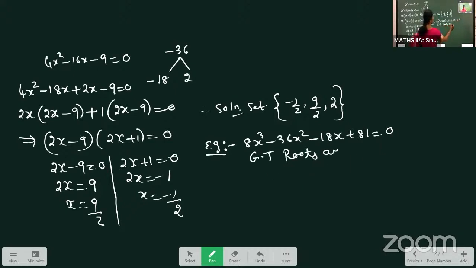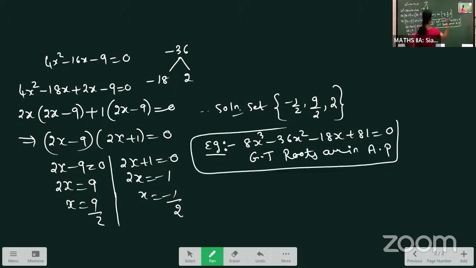You can practice this as homework. In your textbook, 3 to 4 more questions based on AP are there. You can practice by seeing this example.